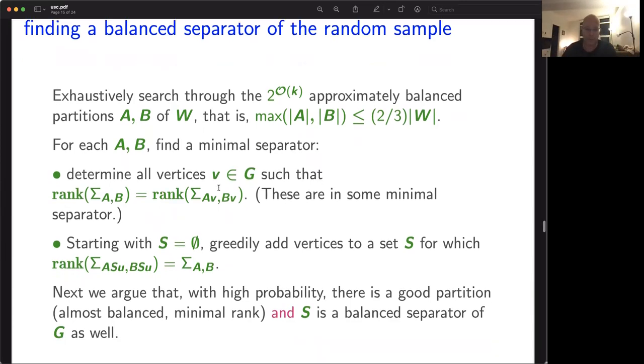We can do this because we can check this rank condition. We can add vertices one by one and see if the rank of this matrix increases or not. If it does not increase, then it means that this vertex is in a minimal separator. So we can do this greedily, and this will only take linear time.